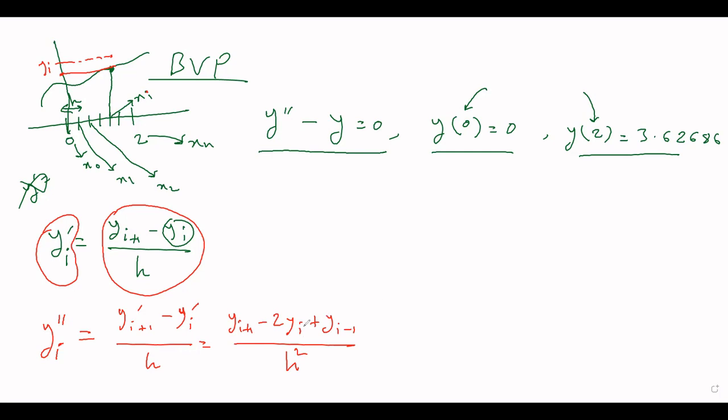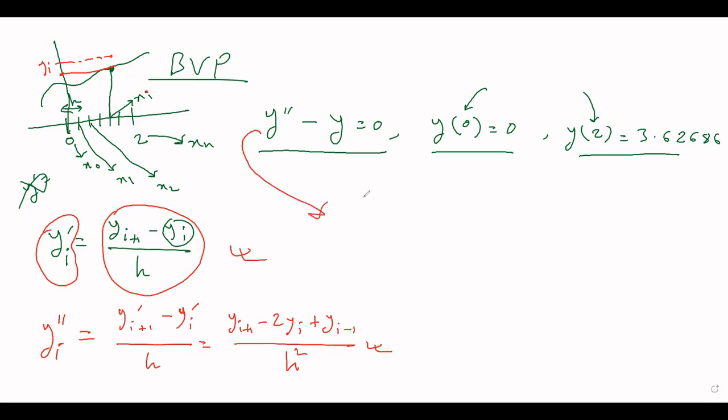So these two are approximations for the first and second derivatives of y at different grid points, right? The main idea is to replace the derivatives by these in the original equation.